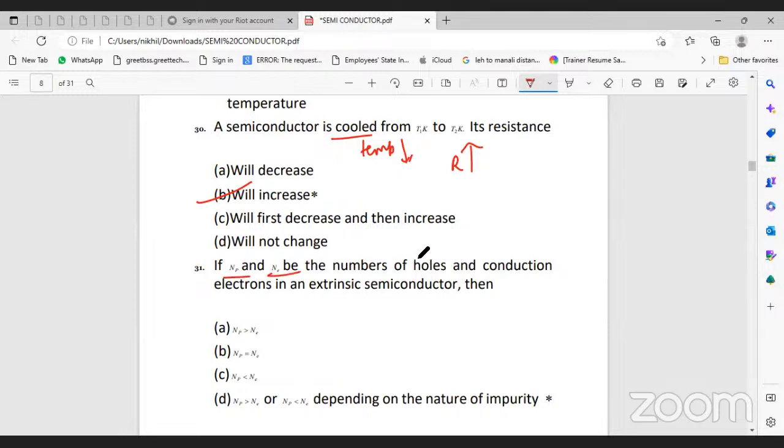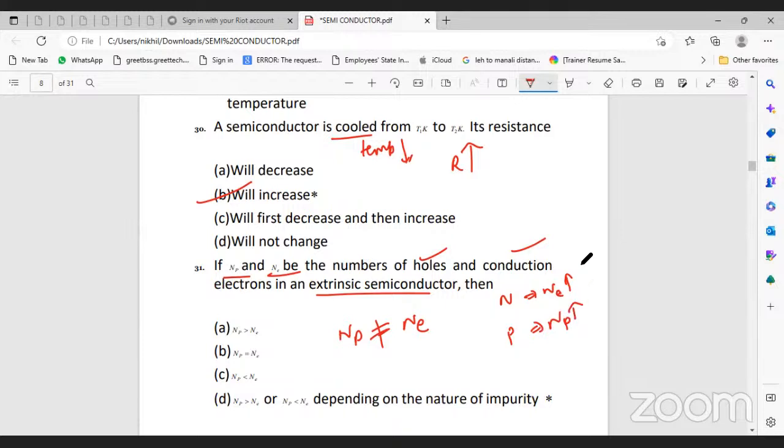Np and Ne, the number of holes and electrons in an extrinsic semiconductor. You know that in an extrinsic semiconductor, the number of holes and the number of free electrons are not equal. If it is an N-type semiconductor, the number of electrons should be more. If it is a P-type semiconductor, the number of holes will be more.